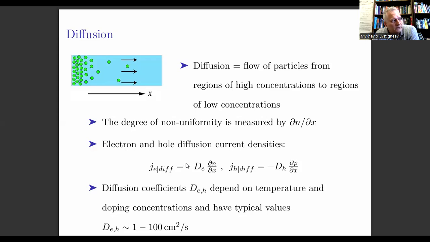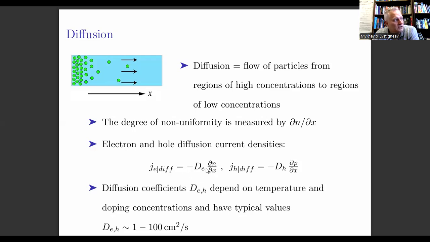So it is directed from the regions where the concentration is large to the regions where the concentration is small. And it is simply proportional to the gradient. The fact that the particle current density is directed against the gradient is reflected by this minus sign in the expression for the particle flux density. So if the concentration increases in the x direction, let's say dN by dx is positive, then the particle flux will be in the negative x direction, hence this minus sign.